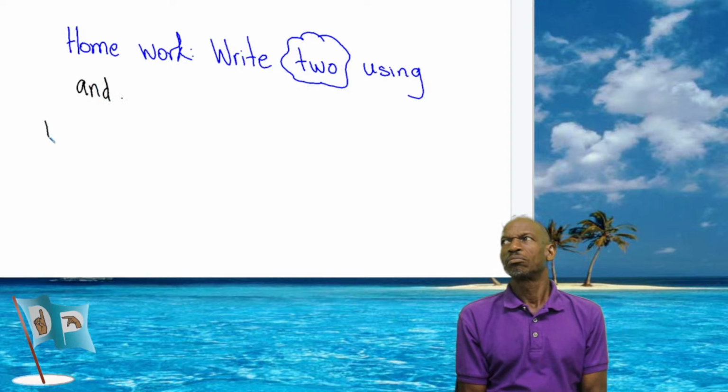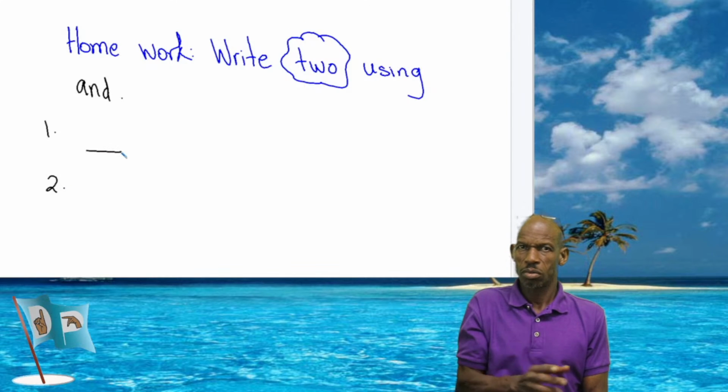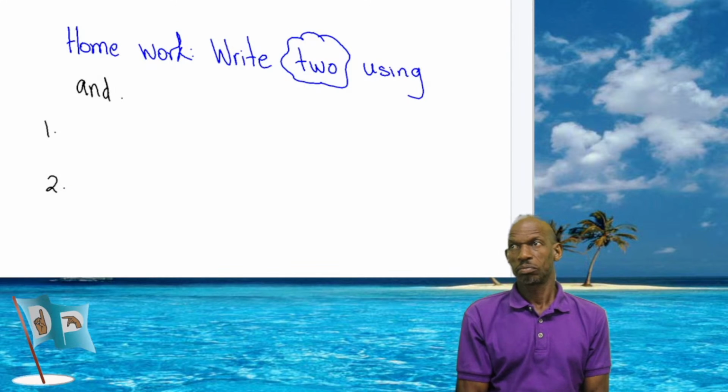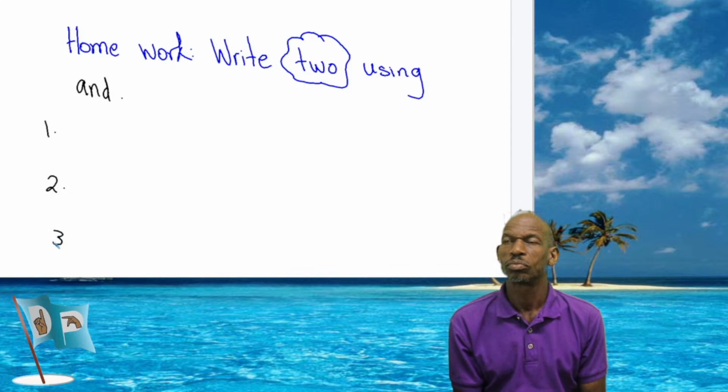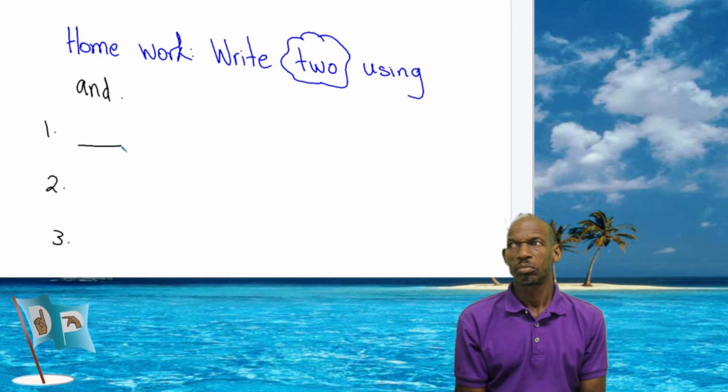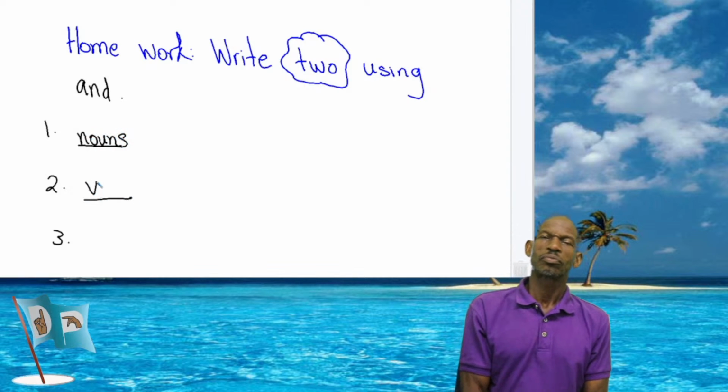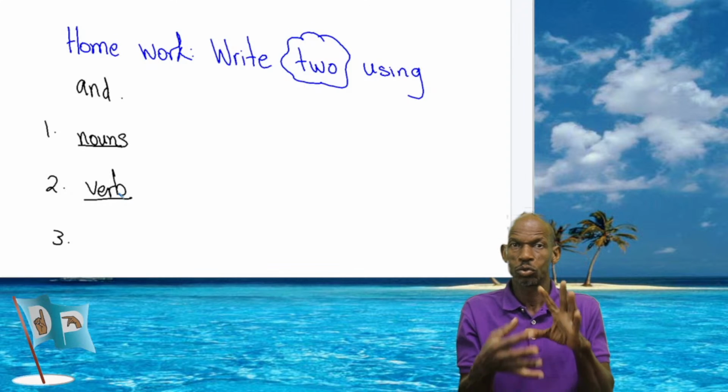So you write in sentence 1, sentence 2. So whatever you write, I'm not going to give you. So 1, you're using nouns. I'm going to give you that challenge. Verbs. So you must have 2 verbs in the sentence.